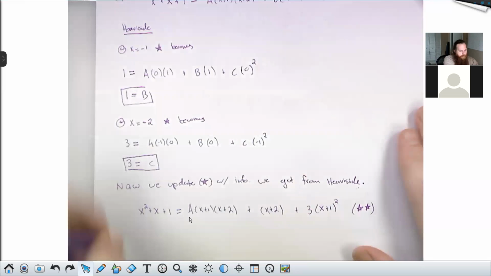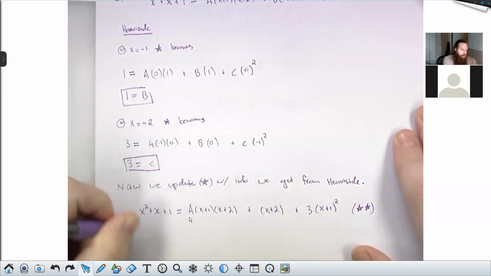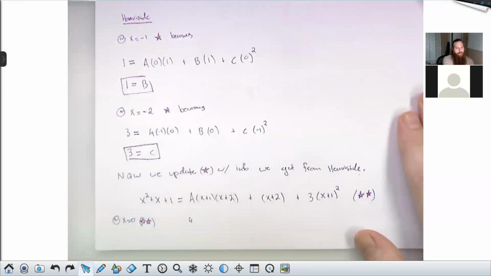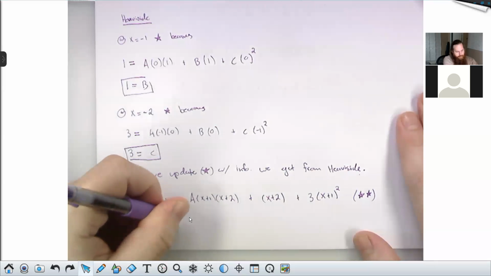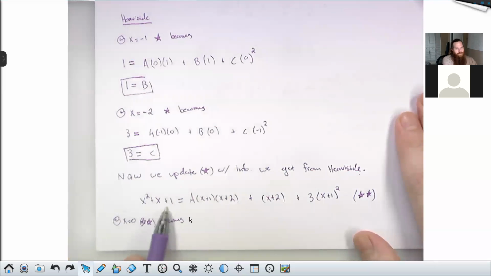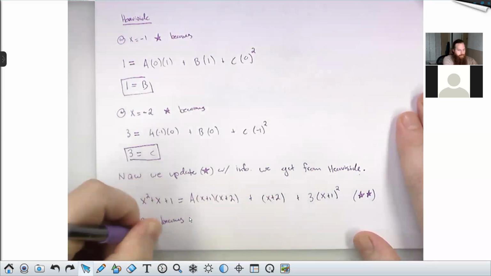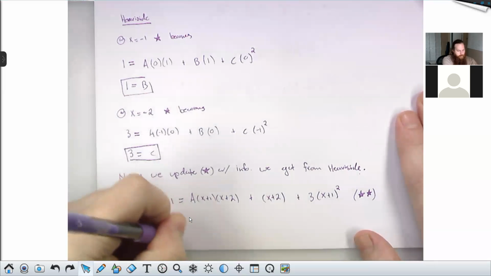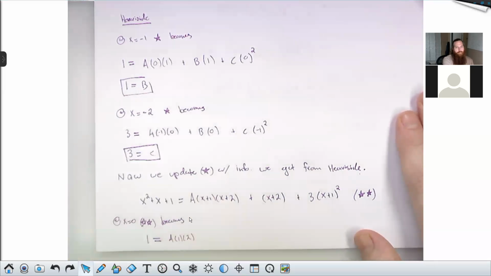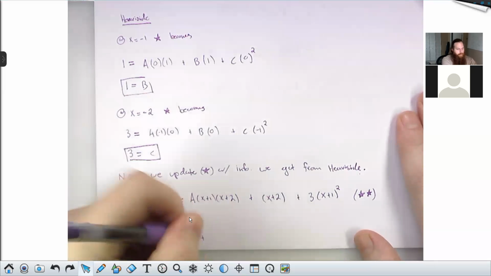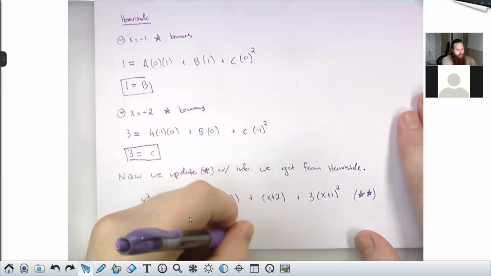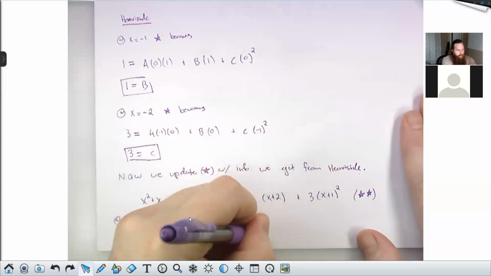So what happens if I plug in 0 to 2 star? Well, 0 squared plus 0 plus 1 is 1. That equals a times 1 times 2, plus 0 plus 2 is 2, plus 3 times 0 plus 1 squared.